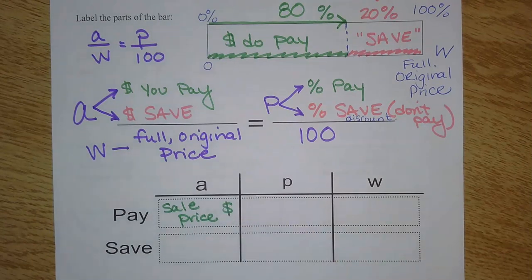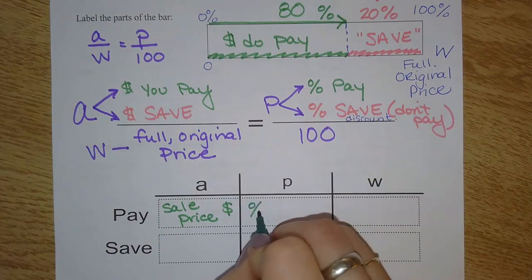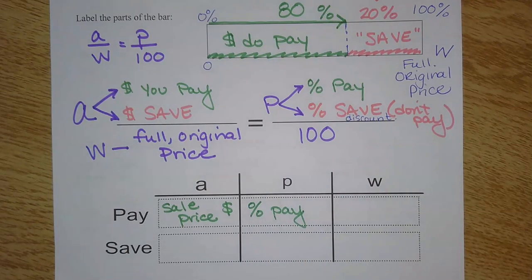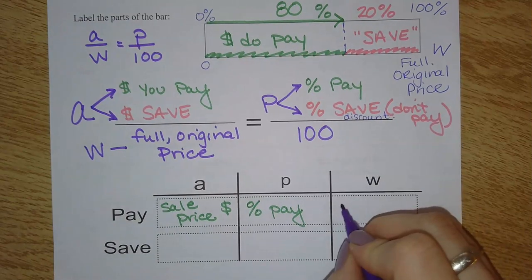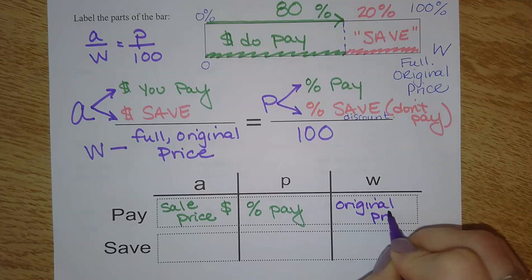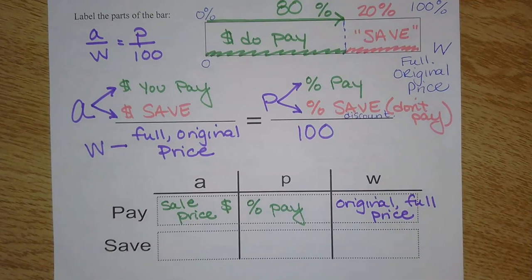It's the amount of money I do pay. And then to keep it all color-coded, P in that case would be the percent that I pay, and W in both cases is still the original, full original price, okay?